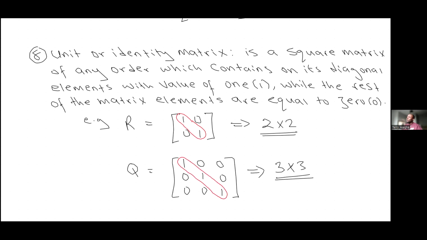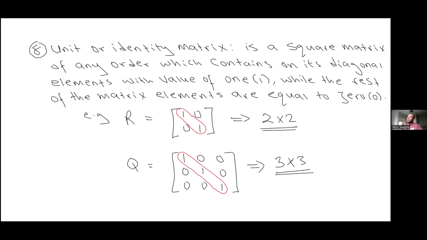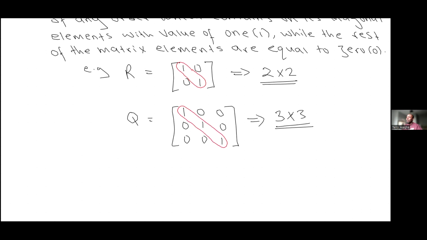So one thing you need to keep in mind is that we usually denote the unit matrix of any order as I n. I'm going to talk about this later, I just want to write it here.